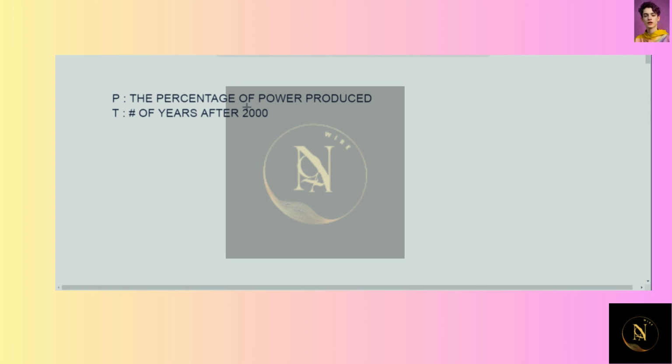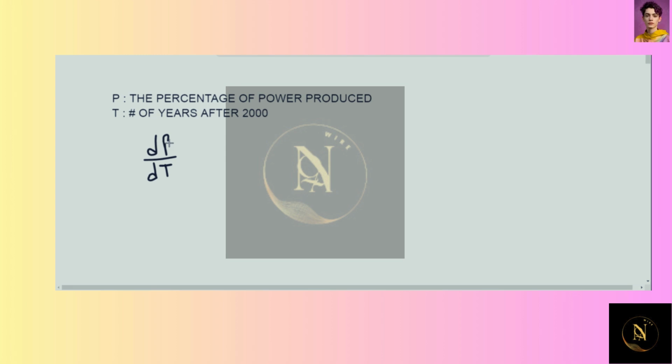Okay, P is the percentage of power produced by solar panels, and T is the number of years since the year 2000. The derivative of P with respect to T. What does this mean?